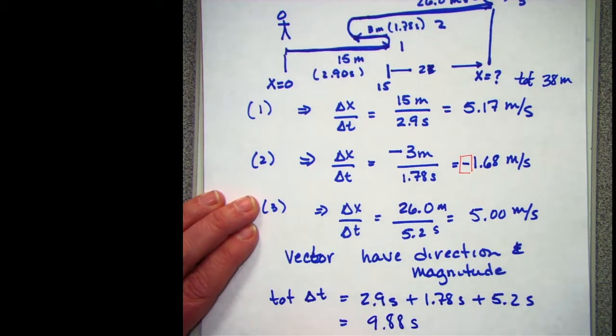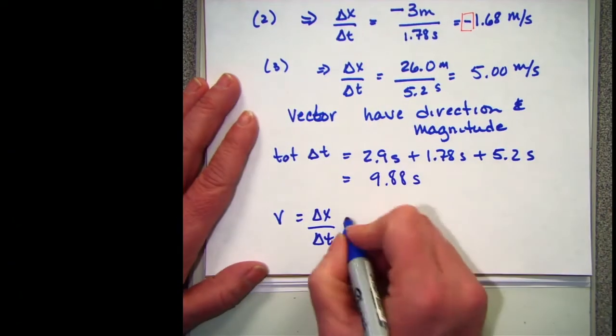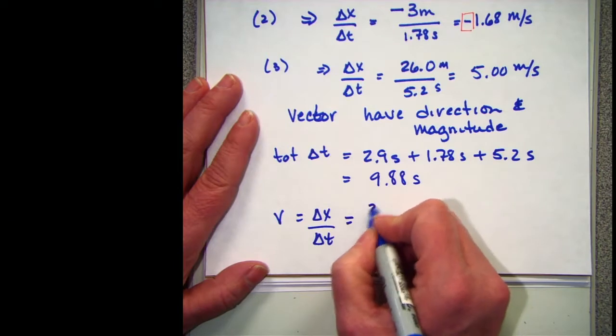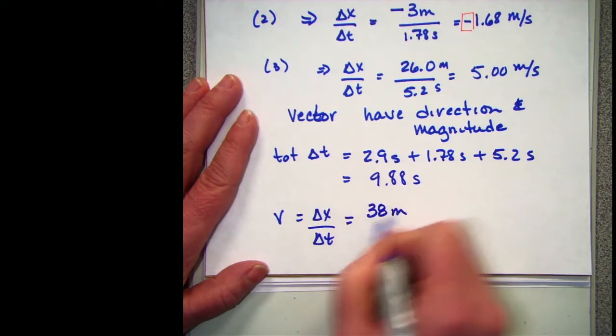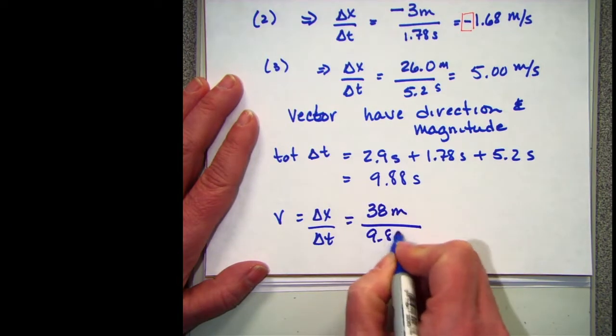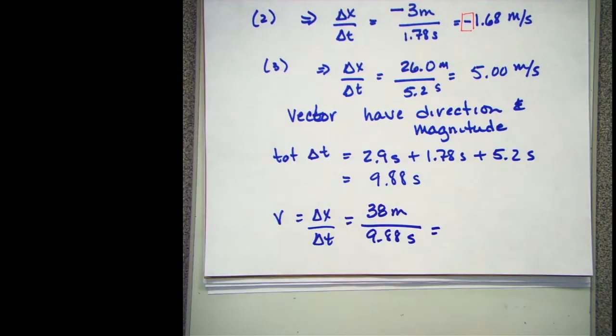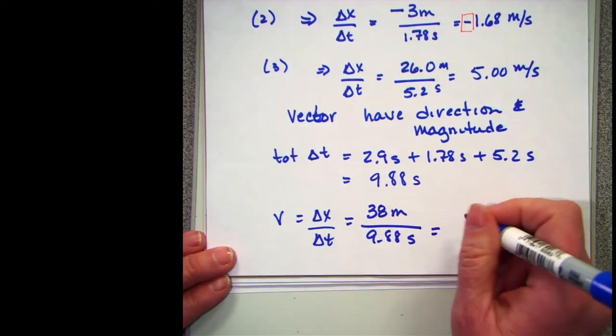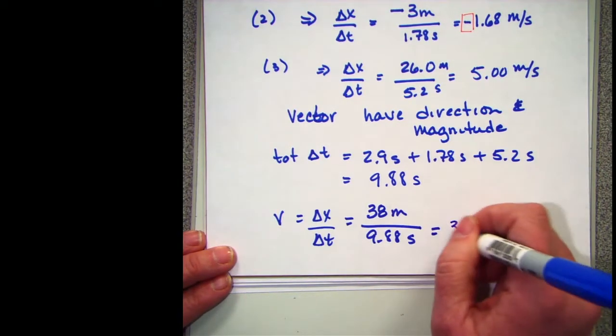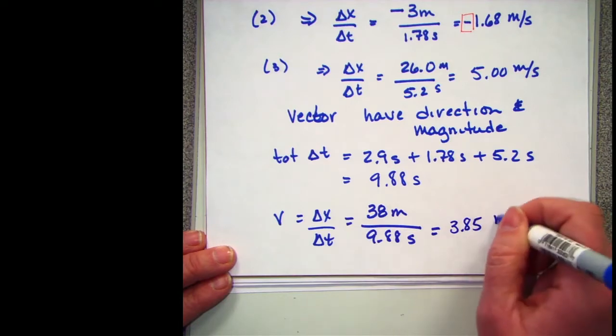So my velocity, change in position over the change in time, is going to be 38 meters divided by 9.88 seconds, something like 3.85 meters per second.